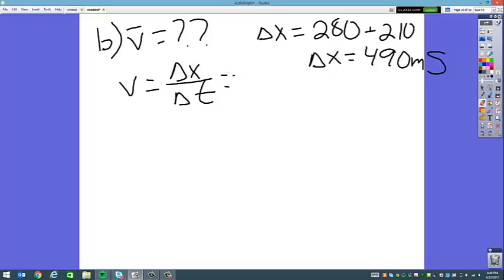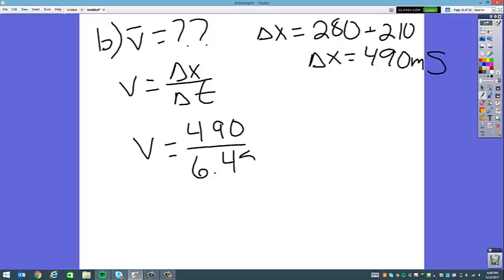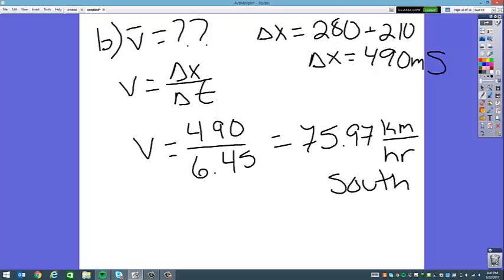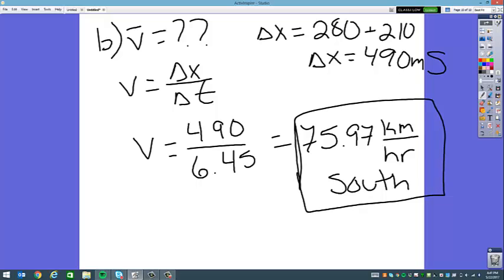And then my time would be that value that I just found in part A. So velocity is 490 over my time, 6.45, which gives me an answer of 75.97 kilometers per hour south. Make sure you put that direction on there since it wants your velocity.